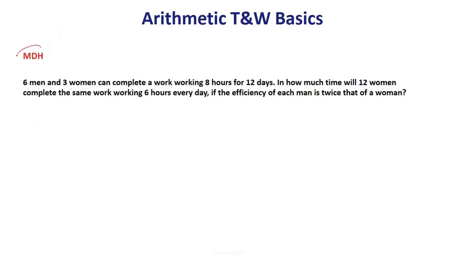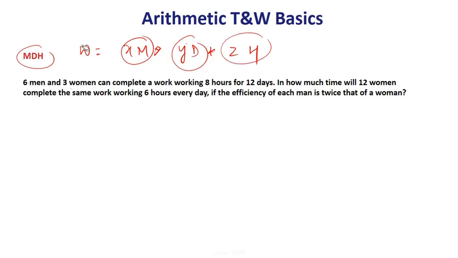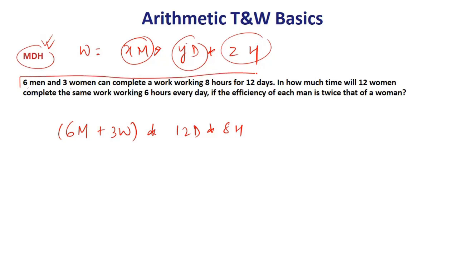So effectively in this approach you define work as number of people into number of days into number of hours. So 6 men plus 3 women, that's the number of people, into 12 days into 8 hours. That is the work that I am talking about here.